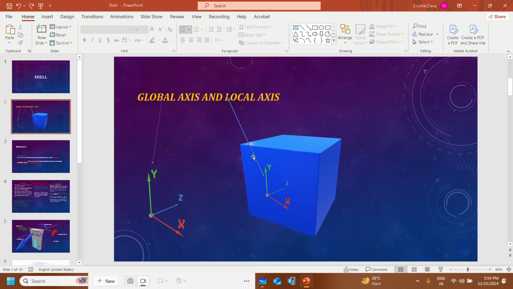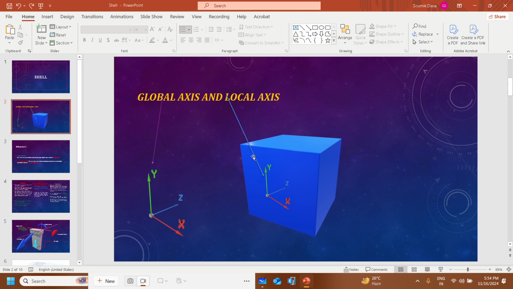If the material orientation along the x direction is different, the y direction is different, and the z direction is different, then it is called heterogeneous. And if the material distribution is the same along all axes, then it is called isotropic.